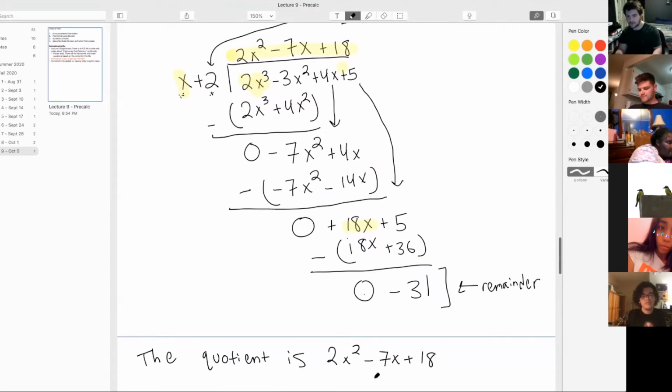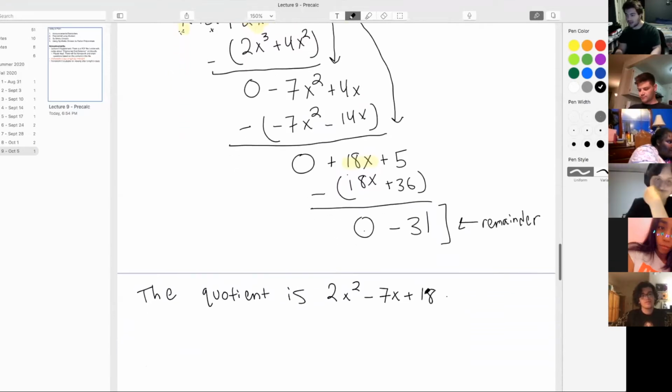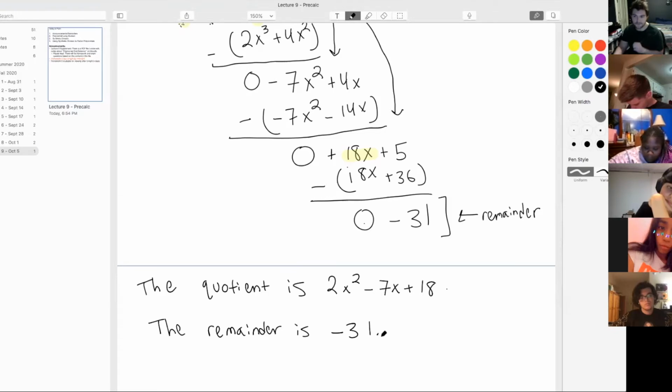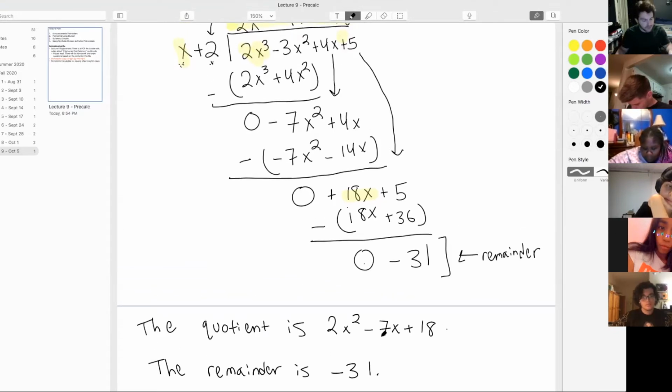I hope everyone sees where I got this from. It's just the polynomial that's sitting on top of this box. And the second thing you write is the remainder. The remainder is negative 31. Okay, so that's how you write your final answer.